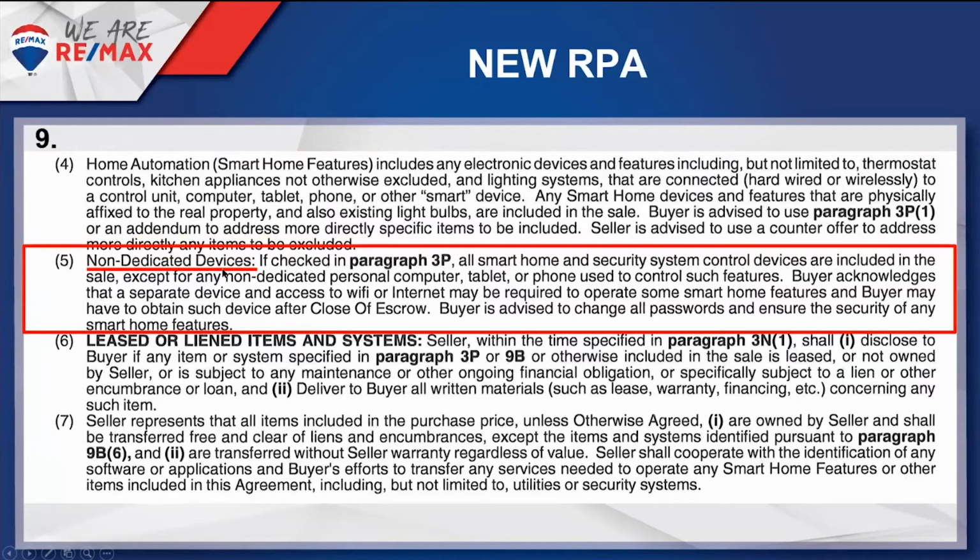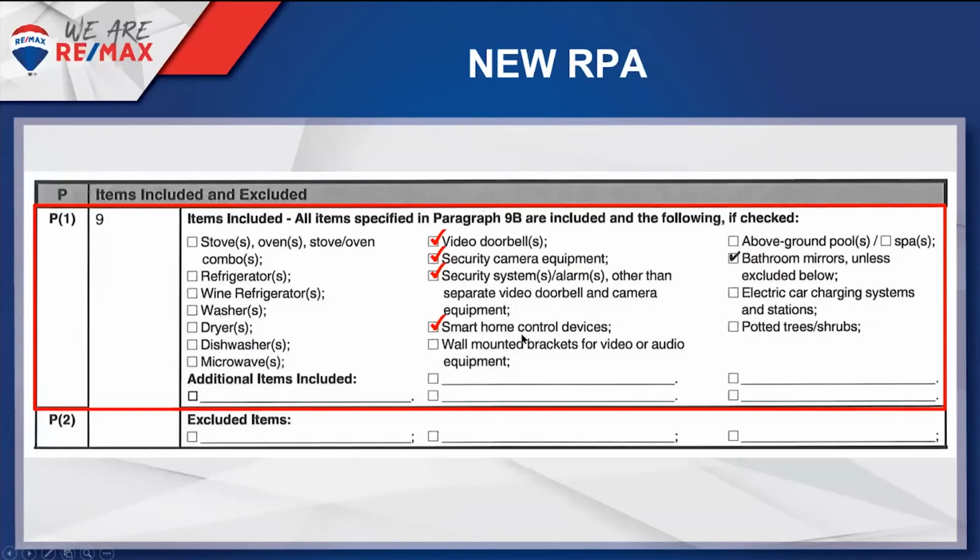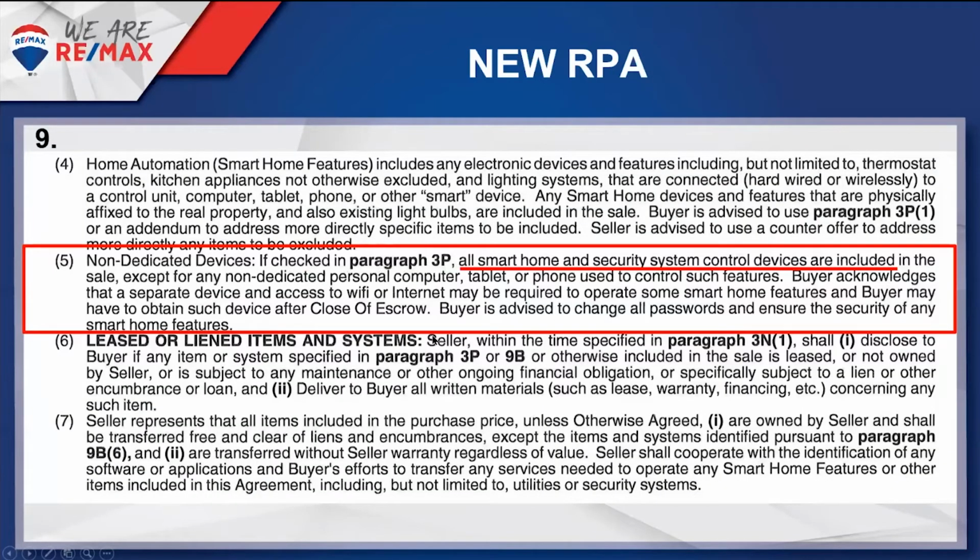Now, non-dedicated devices. Some of these security systems are controlled by your cell phone or your personal notebook computer, the items that are in 3P. Some of these things are controlled by a non-dedicated device. You have a cell phone that controls your Ring doorbell or something. I don't know. You don't get the cell phone.